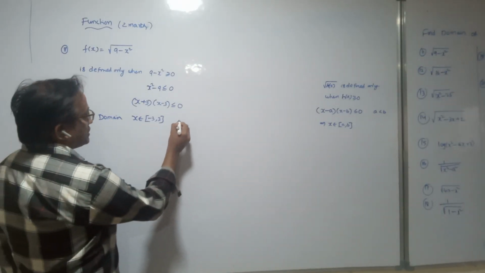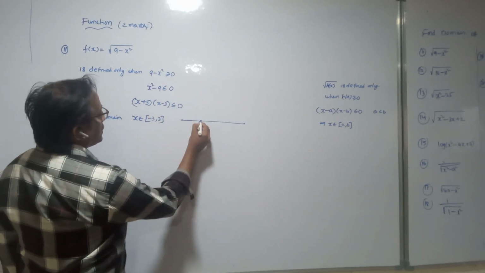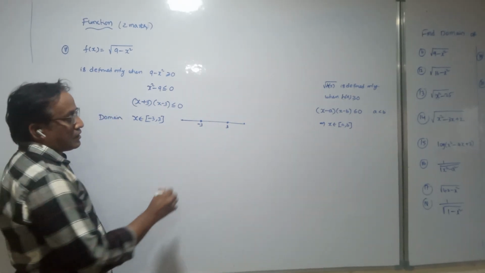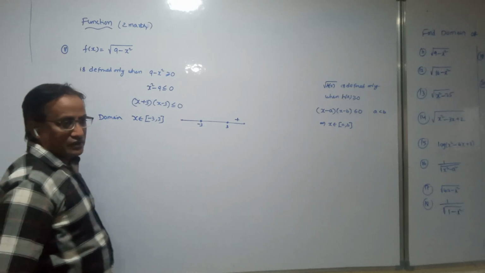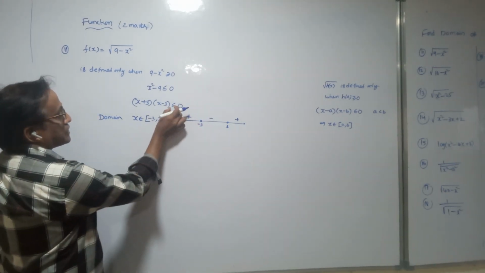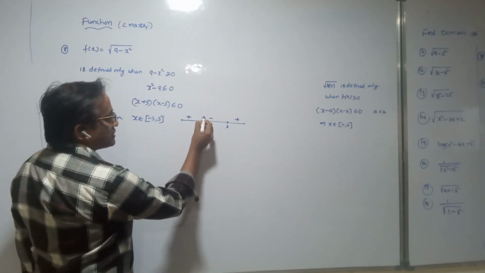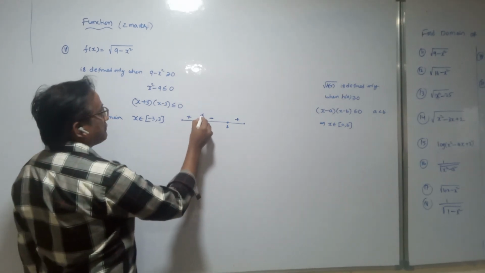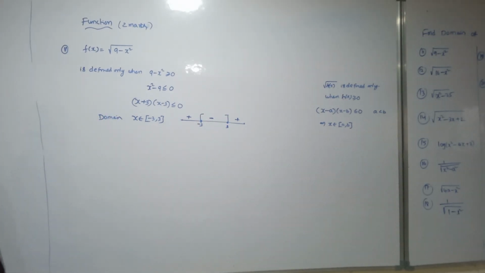Otherwise, you can just write a real line with the points minus 3 and 3. After the largest integer, you put plus here, then minus, plus. Now the sign is negative, so you have to consider the numbers which have the sign minus. So it will be minus 3 comma 3. That is your answer.